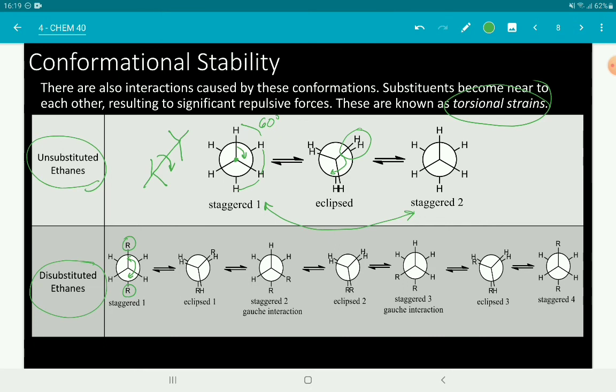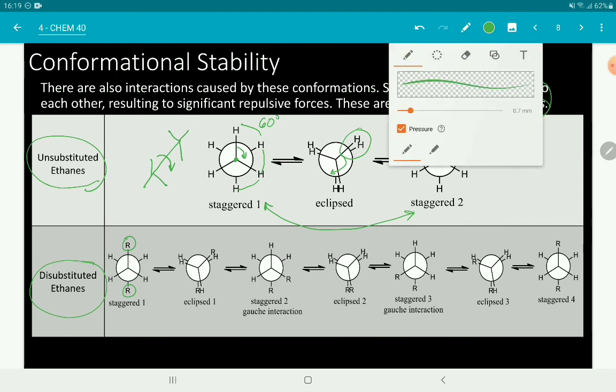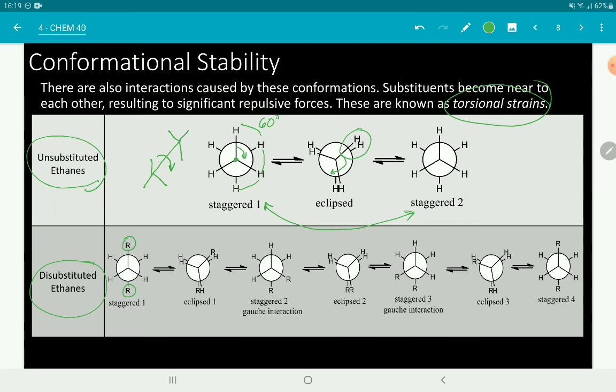So, pagka nirotate natin yung front carbon or yung substituent sa harapan with respect dun sa carbon-carbon bond, pag nirotate natin ito ng 60 degrees, makakuha tayo ng eclipsed one where the front substituent is in contact with the hydrogen dun sa likod na carbon. So, this is an eclipse torsional strain caused by the eclipsed conformation. So, yung interaction ng R at H ay maximum kasi minimum yung kanilang torsional or yung kanilang dihedral angle.